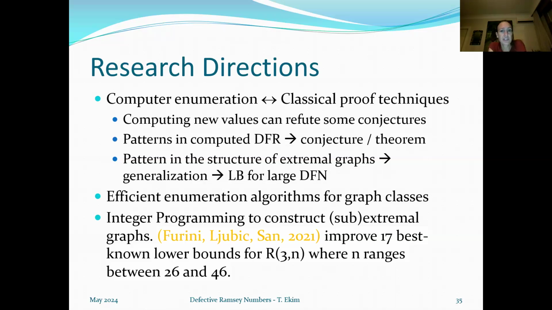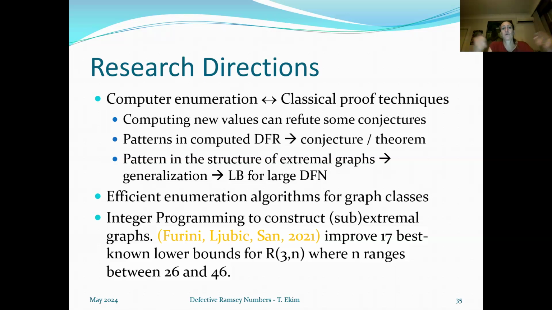Okay, so research directions as conclusion. Computer enumeration and classical proof techniques are in a nice interaction. I think they interact very nicely. Computing some new values with computer can refute some conjectures, as we have seen in some examples.